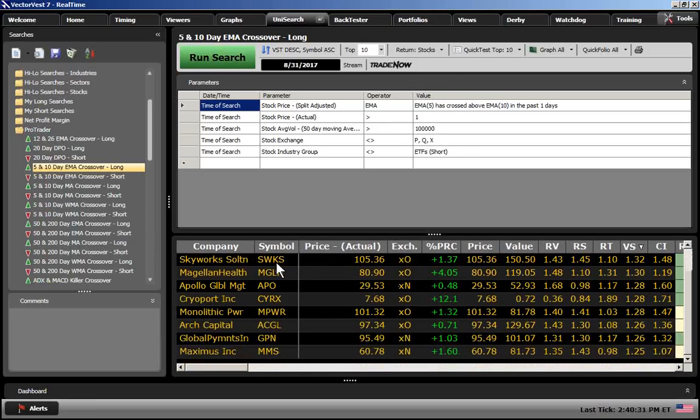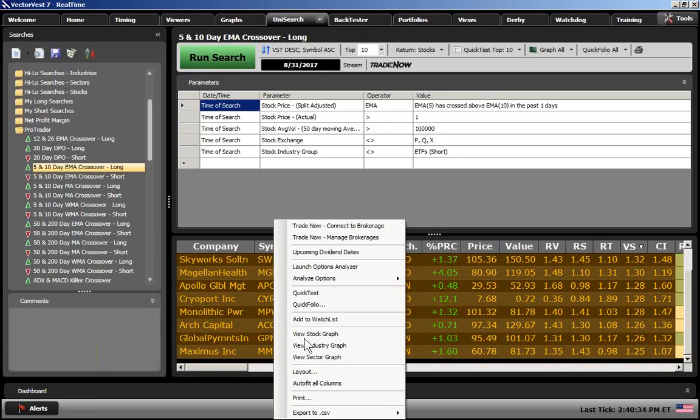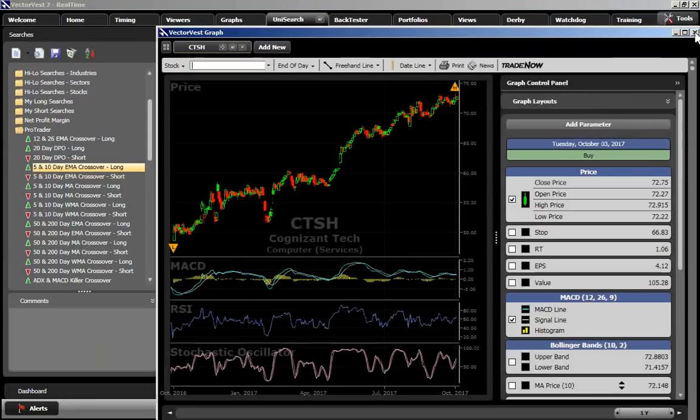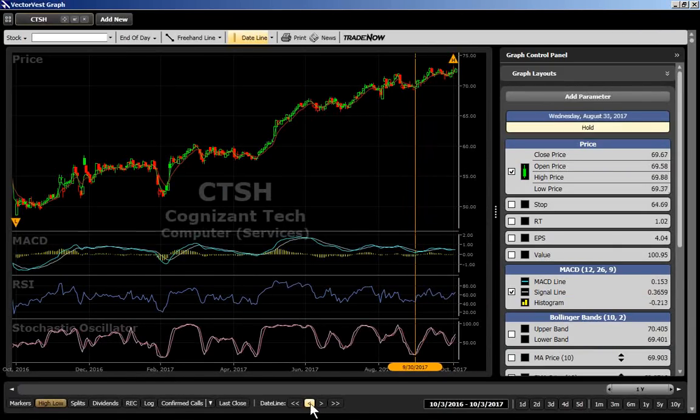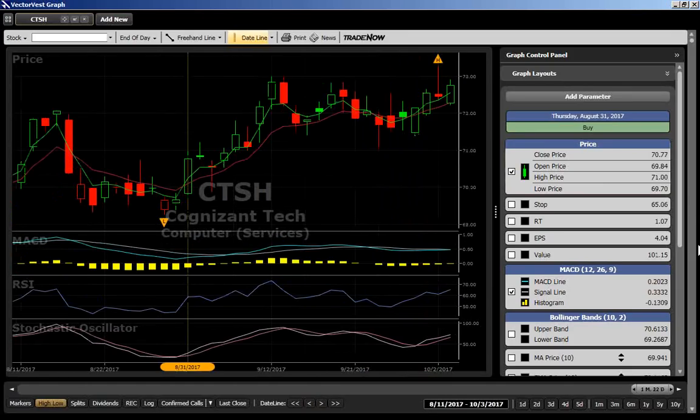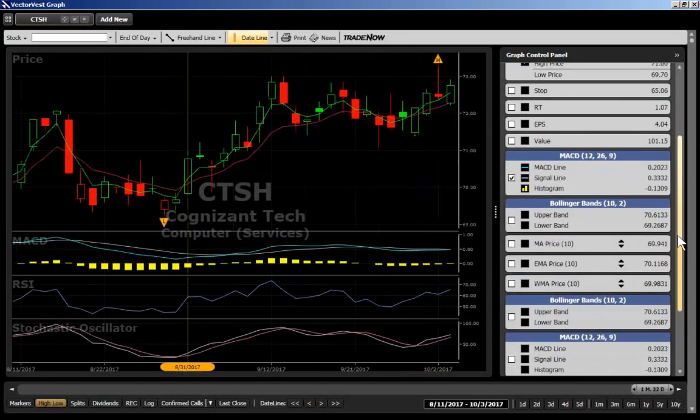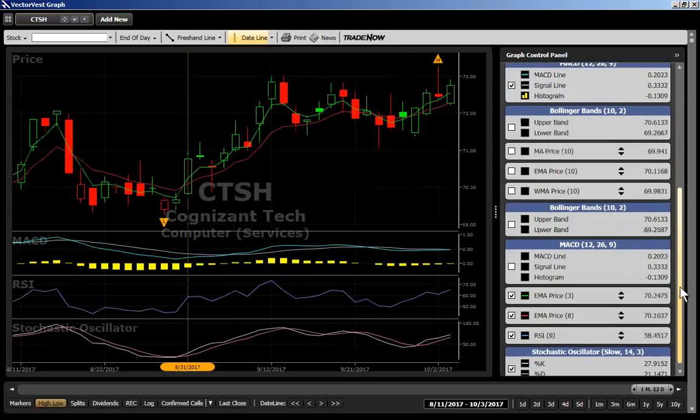Let's do this. Let's highlight these. Right click, view on the stock graph. What was the date? 8/31. Let's go find 8/31 on my graph. 8/31. Zoom in. What were my moving averages we were looking at? The 5 and the 10 exponential, right?